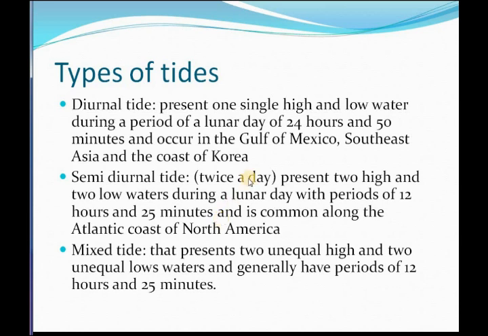The diurnal tides are common in the Gulf of Mexico, Southeast Asia, and coast of Korea, whereas the semi-diurnal tides are present on the Atlantic coast of North America, whereas mixed tides are two unequal tides, either low or high, that will be unequal, and it will also be for a period of every 12 hours 25 minutes.